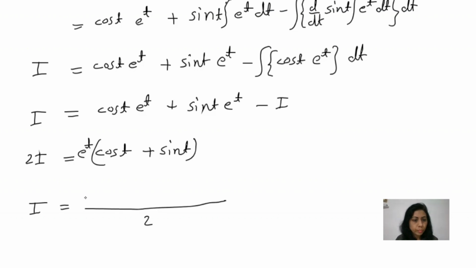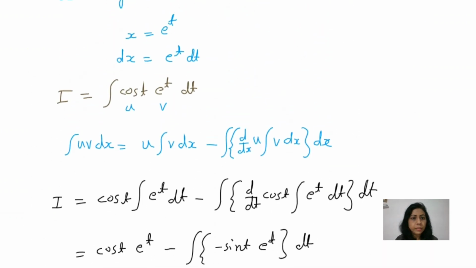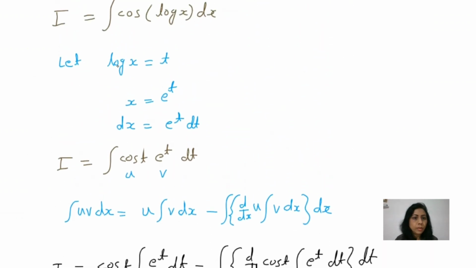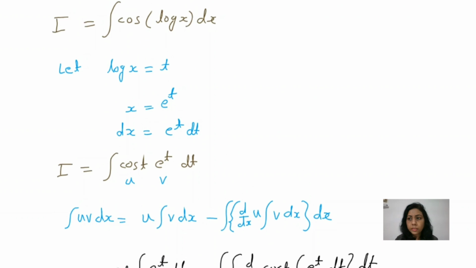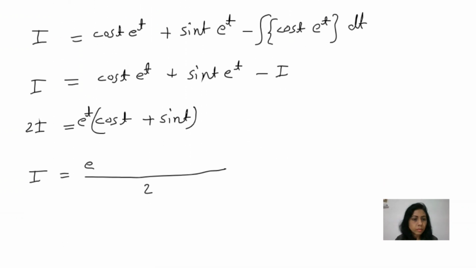Simultaneously we can put the t value also. What is the t value? The t value was log x, here base e. So cos log x and sin log x.